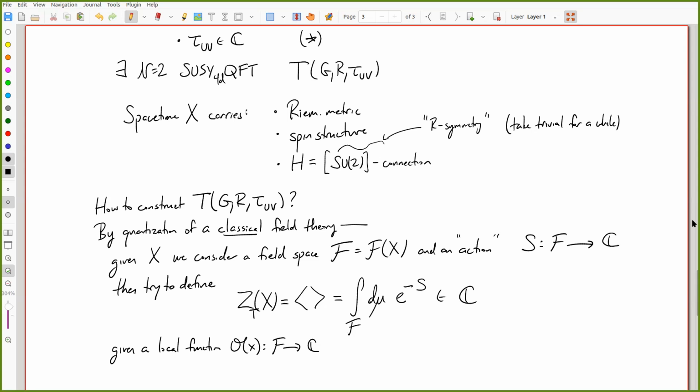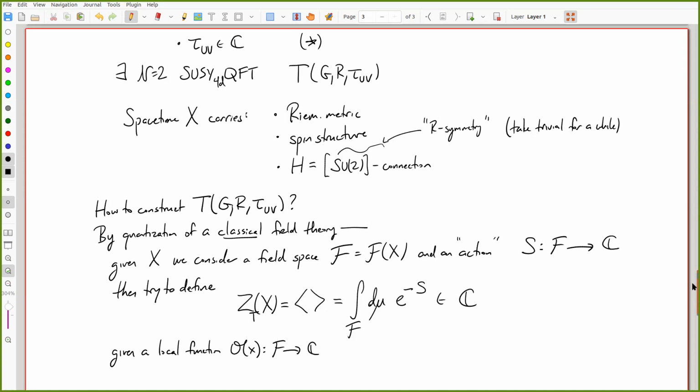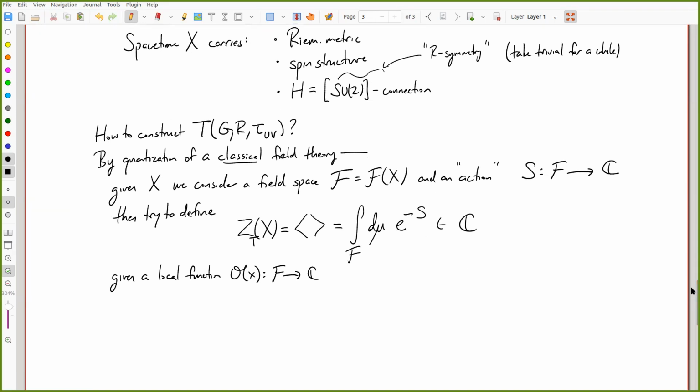And given such a local function, we can also try to define Z_T of X with O of x inserted.